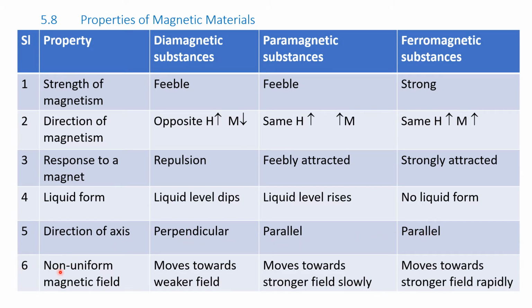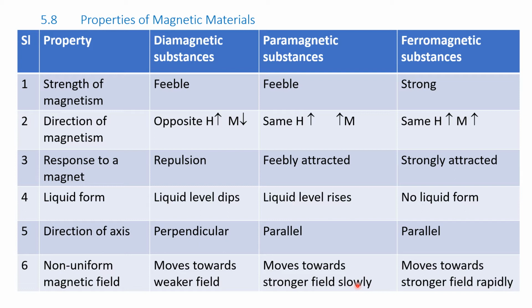Point number 6. Non-uniform magnetic field. When a diamagnetic material is put in a non-uniform magnetic field, it moves towards a weaker field. And a paramagnetic substance moves towards a stronger field slowly.